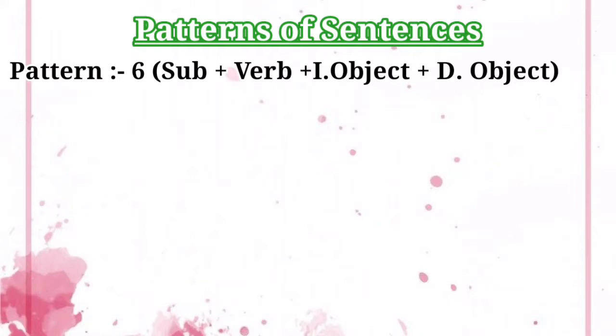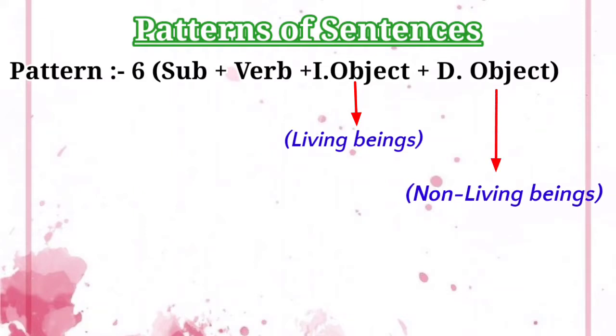The next pattern number 6. Subject plus verb plus indirect object plus direct object. We have already learnt about indirect object and direct object. All the living beings belong to indirect object, and all the non-living beings belong to direct object. So those who can't express their feelings are known as non-living things and come under direct object.